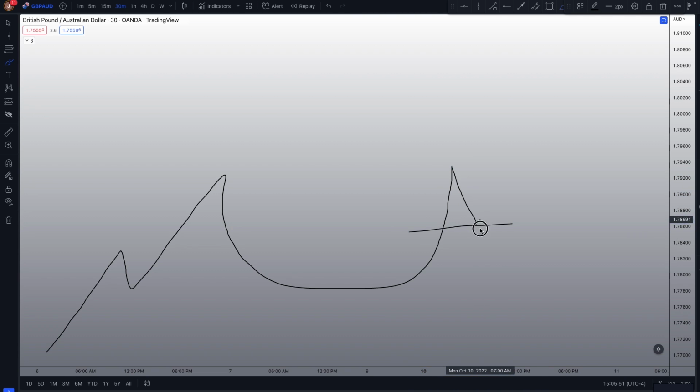And then what we can do is find rejection entries here. Things like pin bars or engulfing candles. You can see those candles form in here. And when you see this level rejected, you'll bring your fib from the low to the high and get that golden zone.